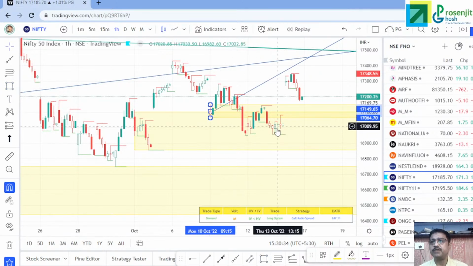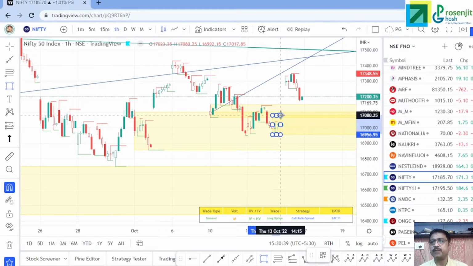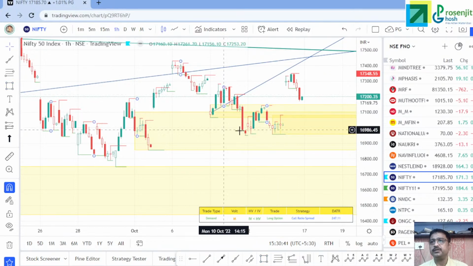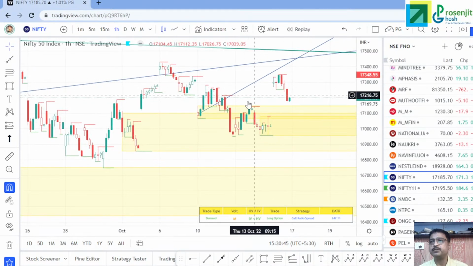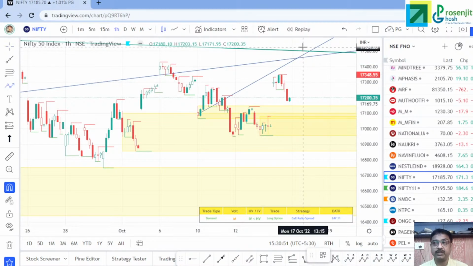Okay, and I have another trap zone here. So I have a couple of trap zones, and this is a reversal pattern. And what I expect, I think Nifty will either gap up again, there is a chance, tomorrow it will gap up, or it will slowly come to this point and then come down to this reversal pattern or max this level, right?